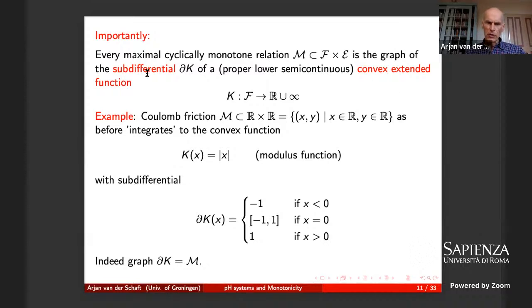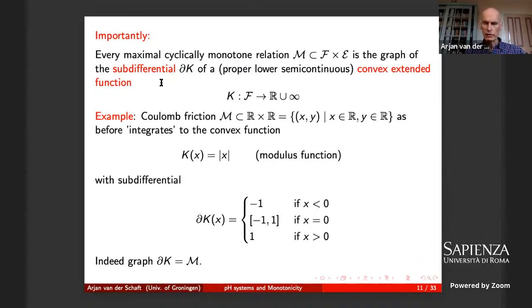So subdifferential, because, well, this is just the ordinary differential in case k is differentiable, but also for general convex extended functions, we can still define something like a generalized notion of a derivation, which is then called the subdifferential.